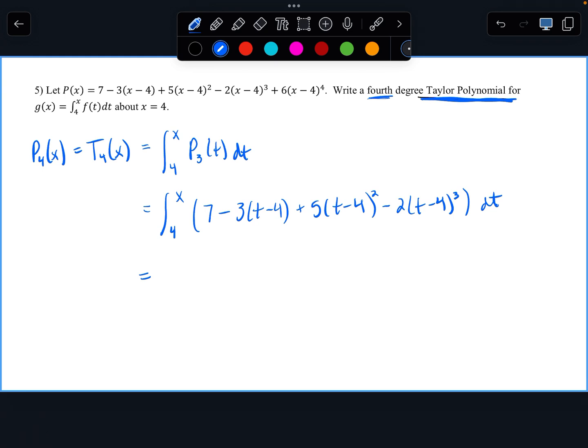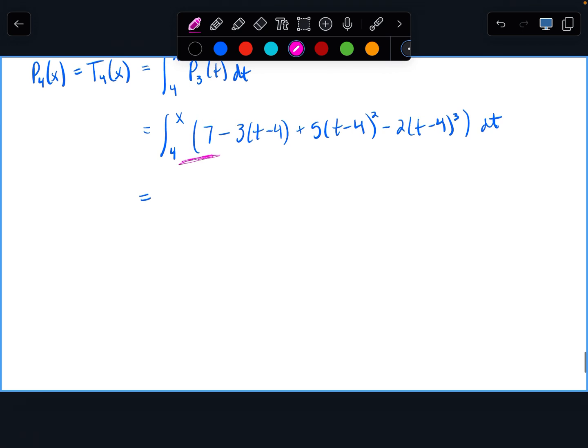Now this is the part which made me question everything. When you take an antiderivative, maybe I'll just focus on this first part. We're going 4 to x, and it's 7 dt, right? So this turns into 7t from 4 to x.